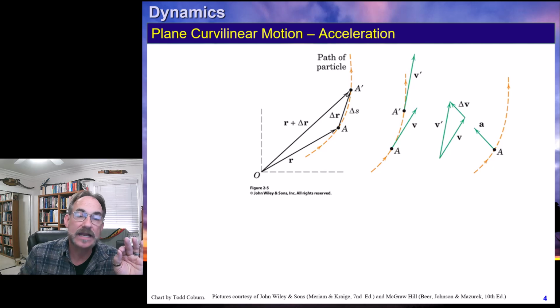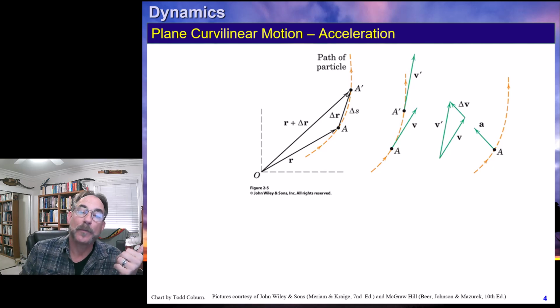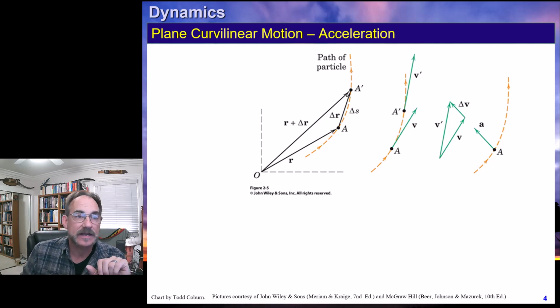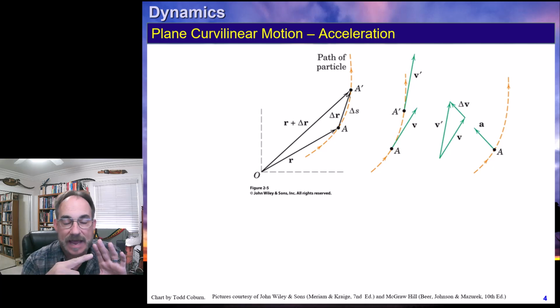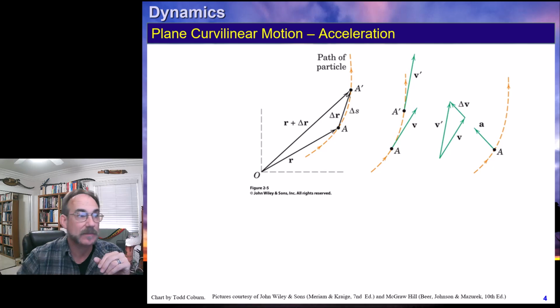But our acceleration is going to be the vector that matches the direction of delta v, and it's not going to be along the path typically, or perpendicular to the path typically, unless we have something like a circle, and we'll talk about that later. So in general curvilinear motion, the direction of the acceleration will often not be parallel to the path or perpendicular to the path. If we have a perfect circle, then it will be perpendicular. We'll be talking about that in a bit.